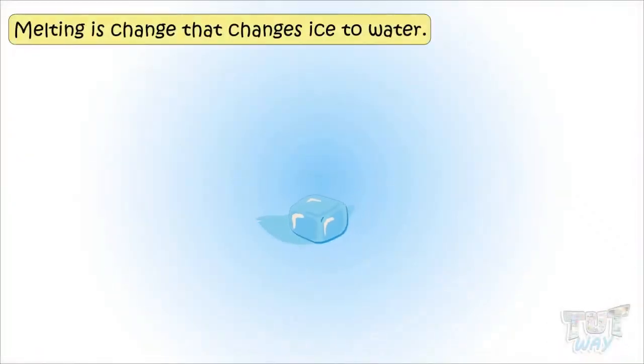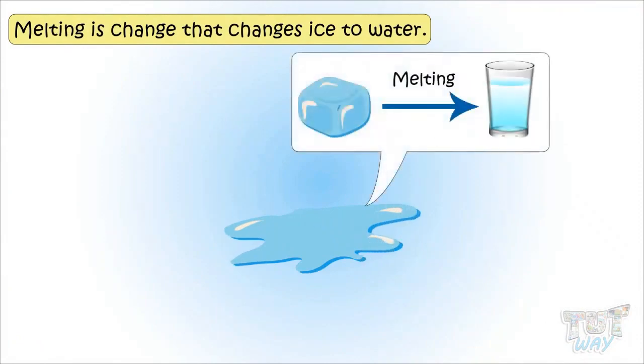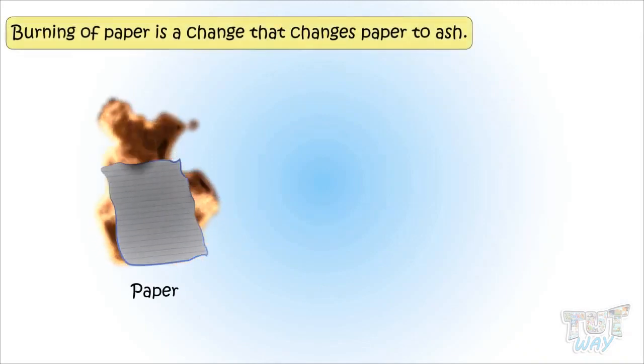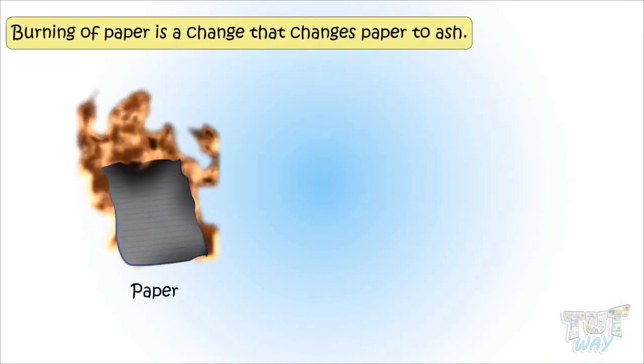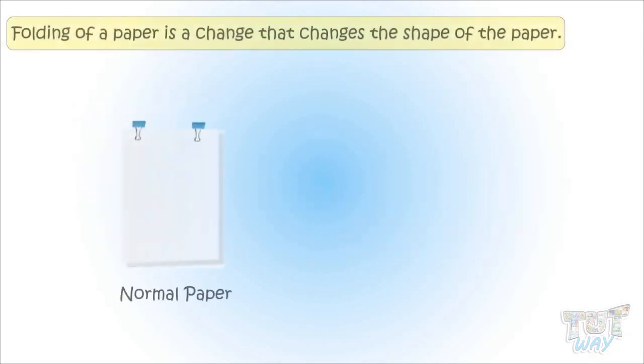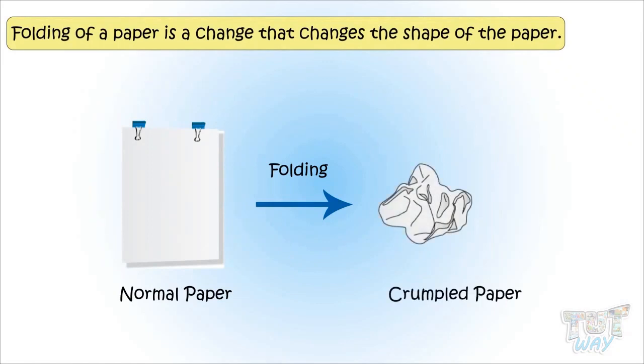Melting of ice is a change that turned ice into water. Burning of paper is a change that turned paper into ash. Folding of paper is a change that changed the shape of a paper.